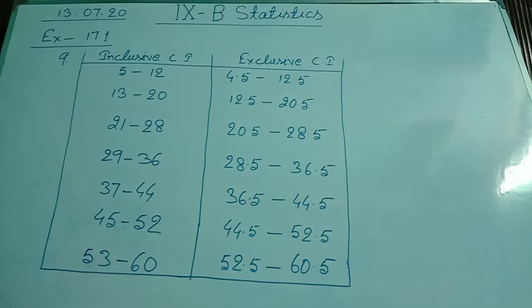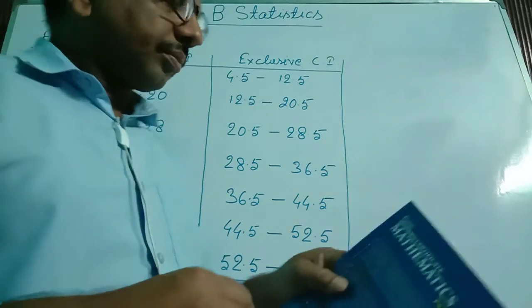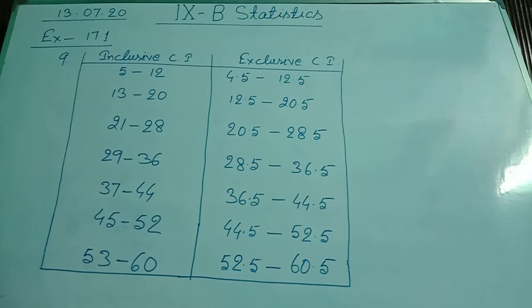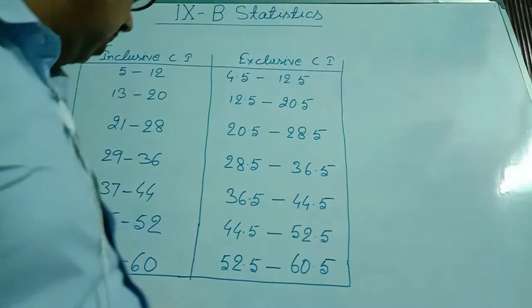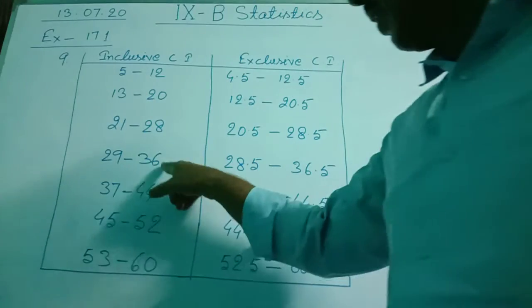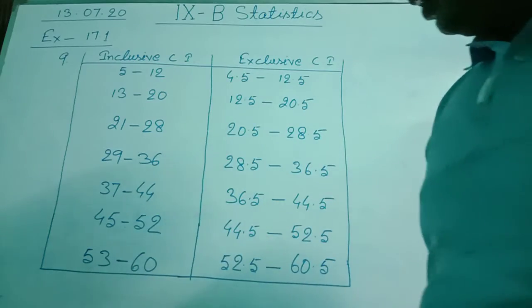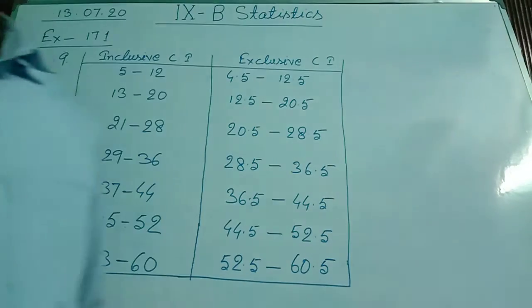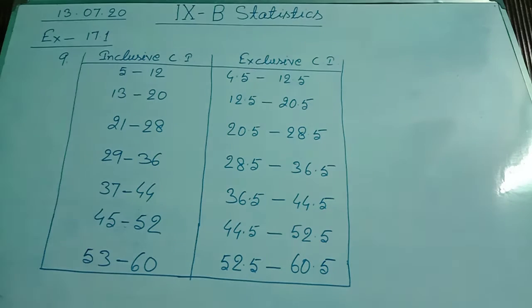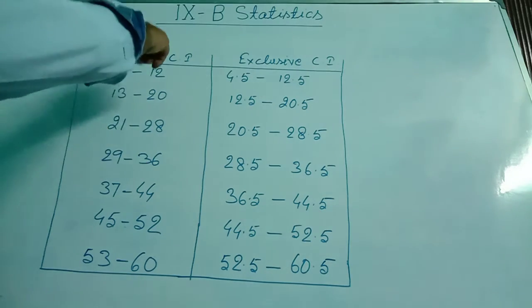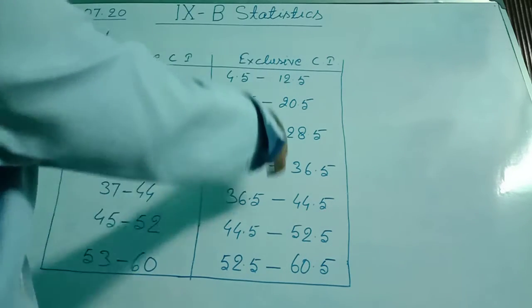In question number 9, inclusive class intervals are given. Those are 5 to 12, 13 to 20, 21 to 28, 29 to 36, 37 to 44, 45 to 52, and 53 to 60. And many questions are asked based on this data, but those answers will depend on exclusive class intervals. So I changed these inclusive class intervals to exclusive class intervals.